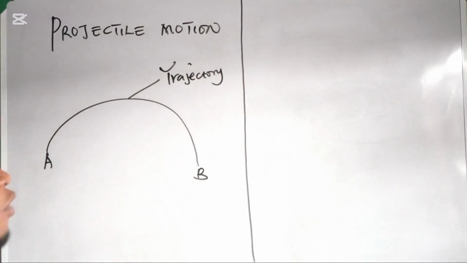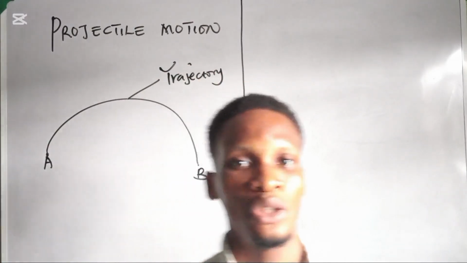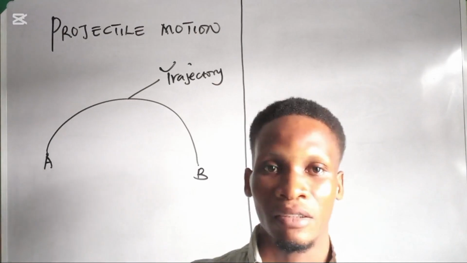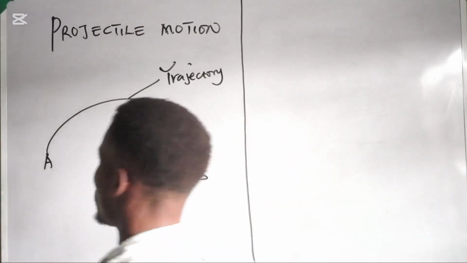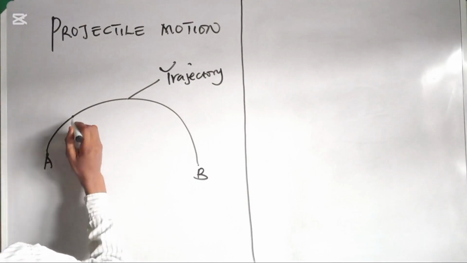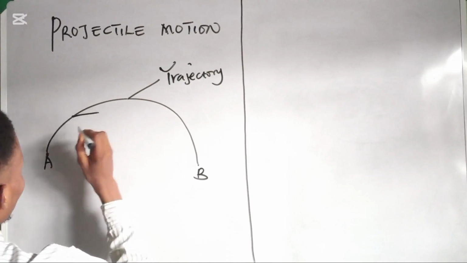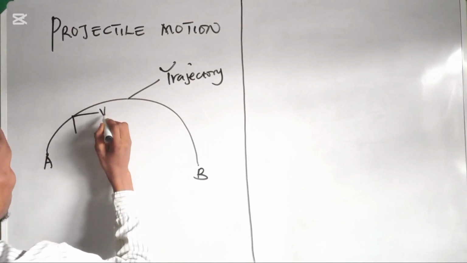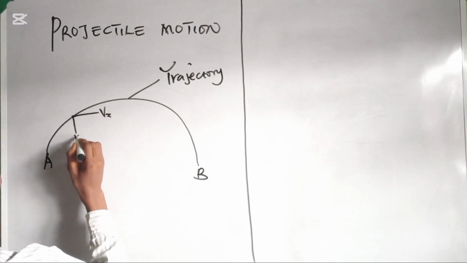Then on the trajectory, which is that path, we will have the vertical and the horizontal components of the velocity, meaning that at any point on the trajectory, we have both. We call them Vx and Vy.